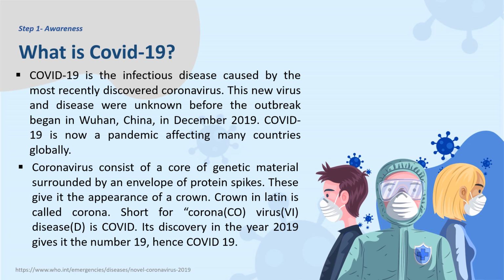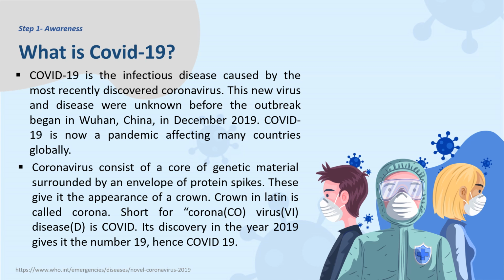What is COVID-19? COVID-19 is the infectious disease caused by the most recently discovered coronavirus. This new virus and disease were unknown before the outbreak began in Wuhan, China, in December 2019. COVID-19 is now a pandemic affecting many countries globally.